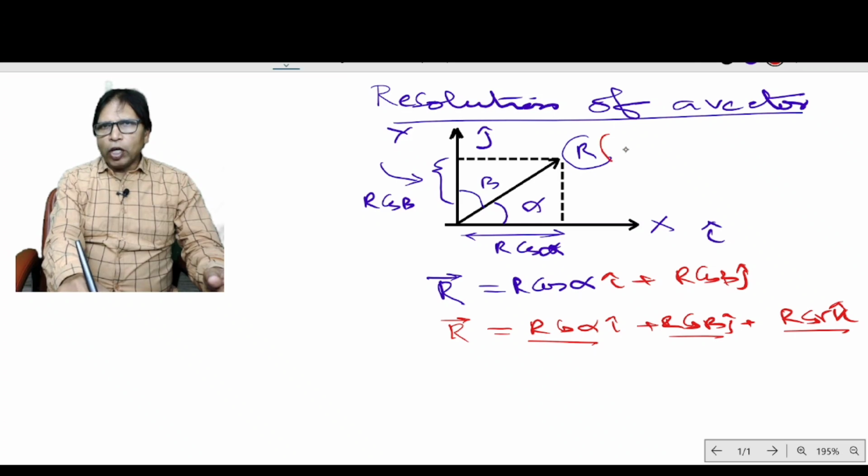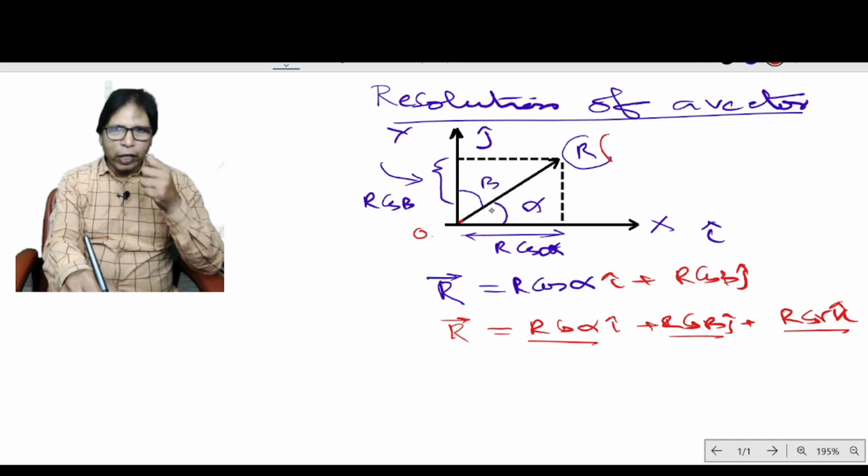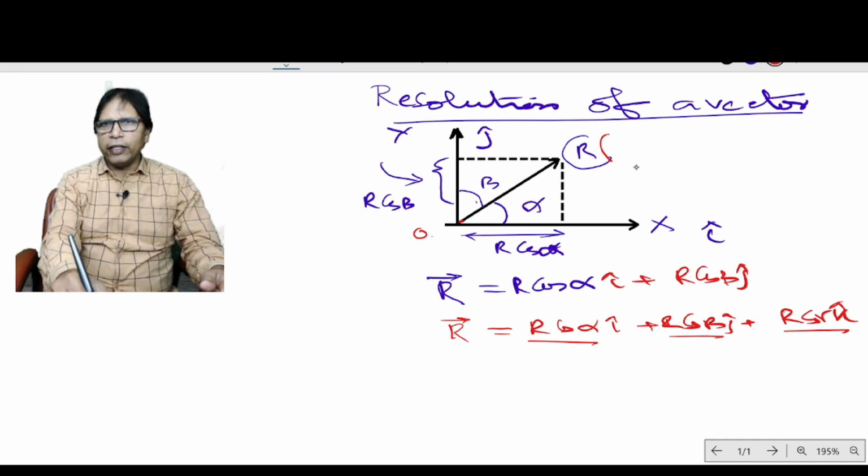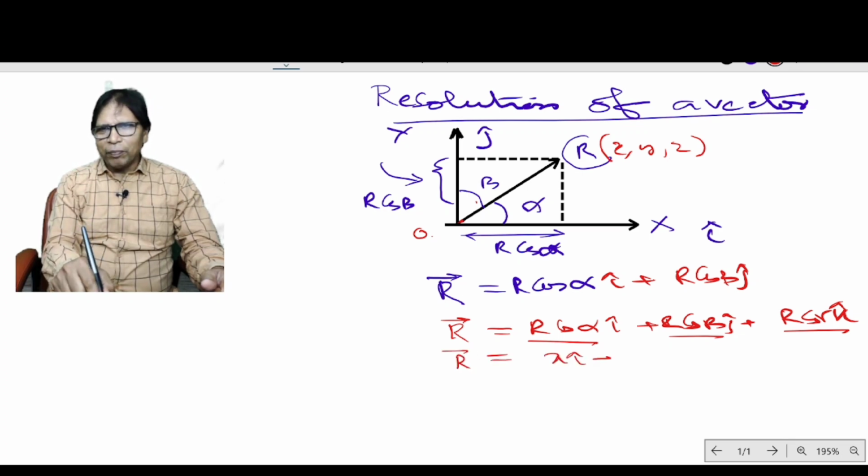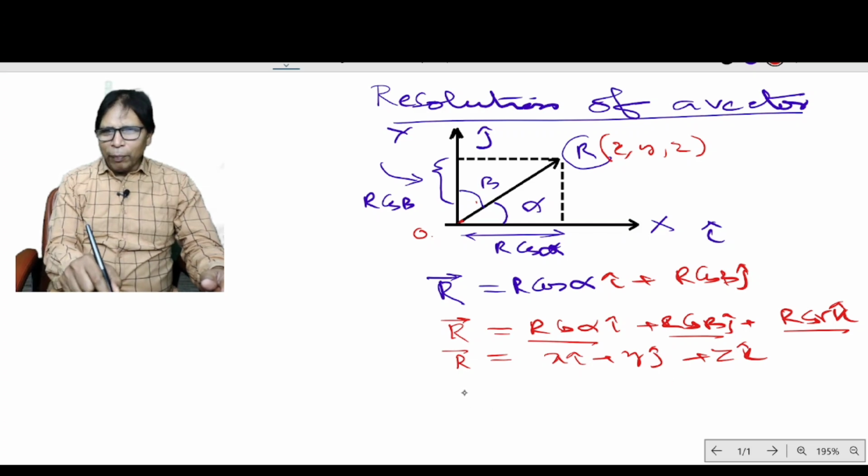Suppose the initial point of the r vector is at the origin and the coordinates of its tip are x, y, z, then we can write r vector = x i cap + y j cap + z k cap. Now what is the magnitude of the vector? Magnitude is the diagonal, √(x² + y² + z²). Now the unit vector along the r vector is r cap = r vector/|r|.